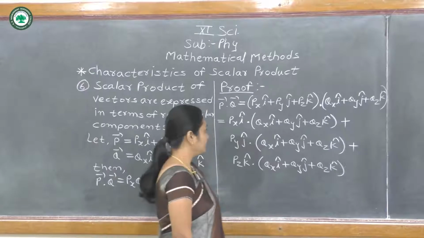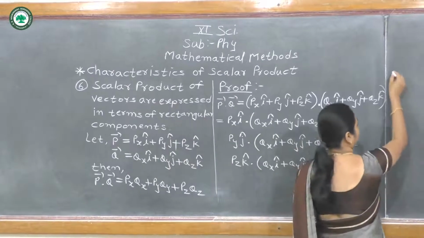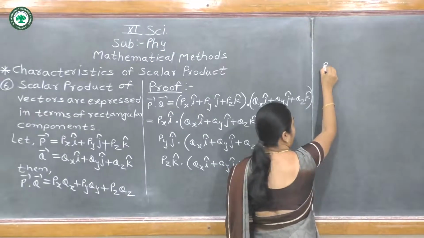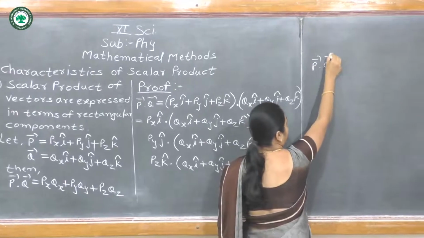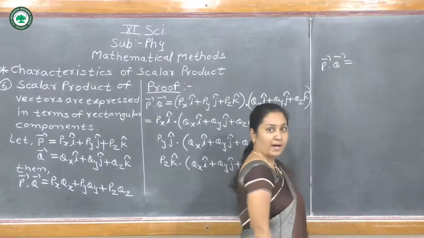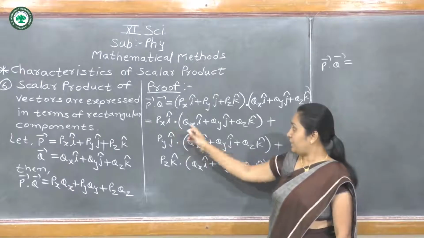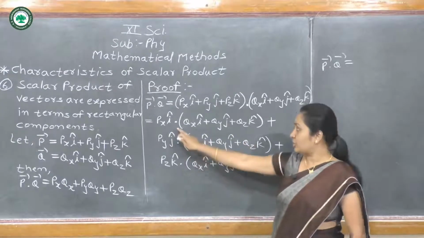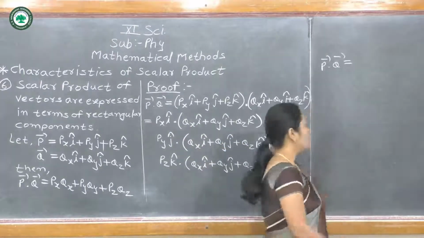So now we will take the dot product of each term here. We have p bar dot q bar is equal to, we will multiply and take the dot product of each term.